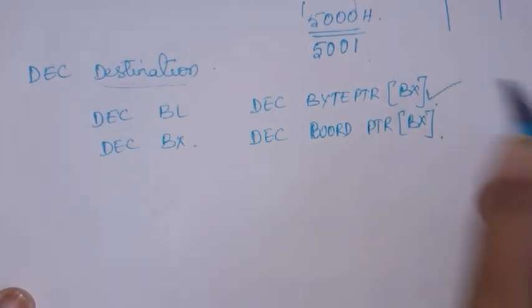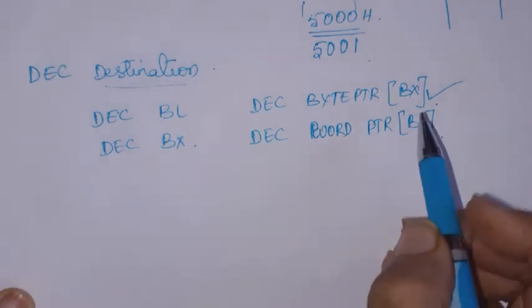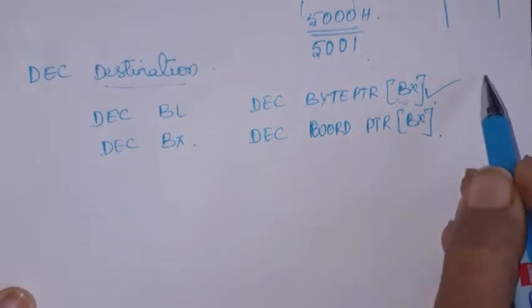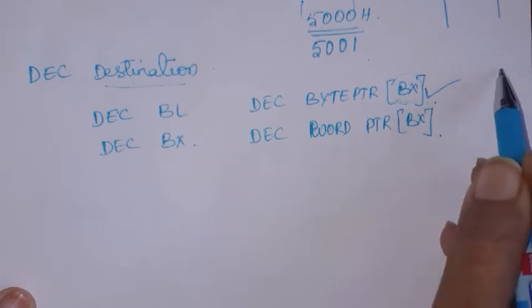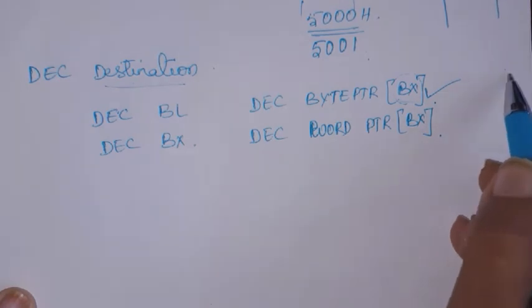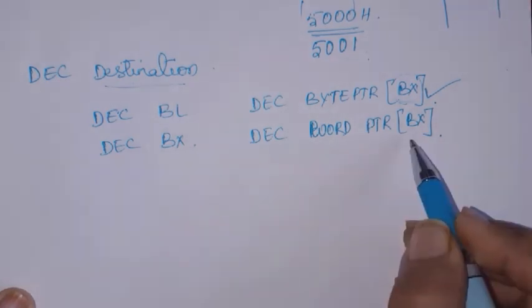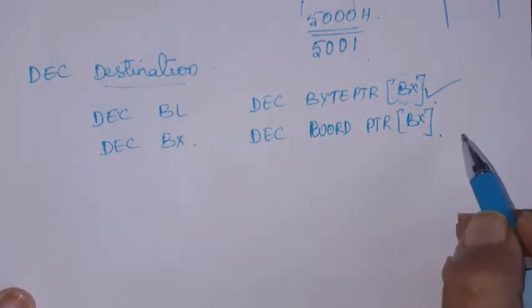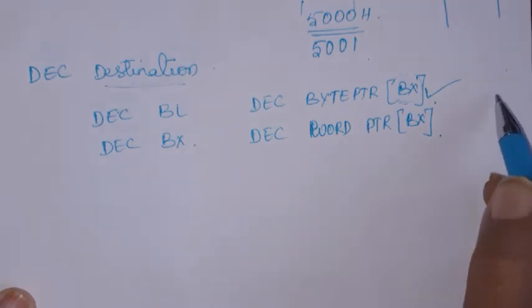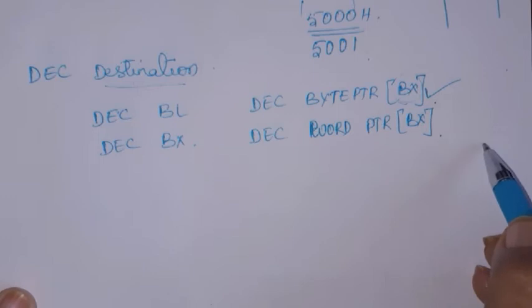So with this instruction, one byte which is pointed by this BX register in memory location, that memory location contents will be decremented by 1. If it is a word pointer, it is pointing to a word in the memory location, and contents of that word is decremented by 1.